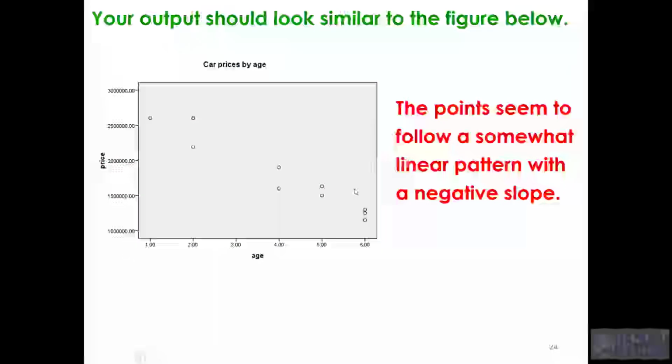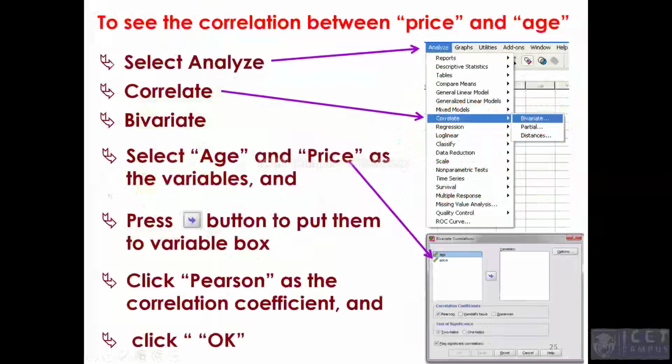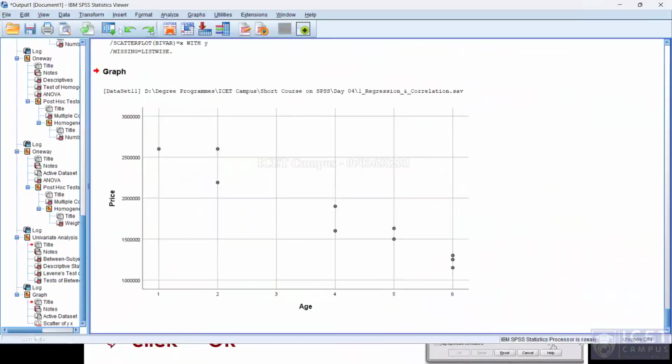Yeah, that's okay. So we have similar output like this. But let's see the correlation between the price and the age. So you can go for correlation analysis.